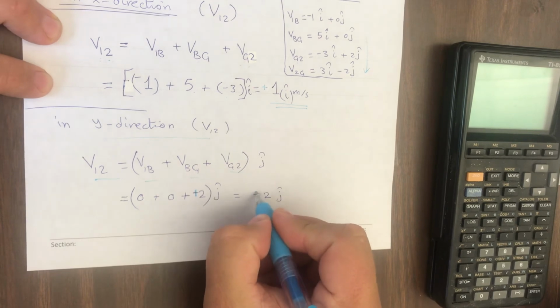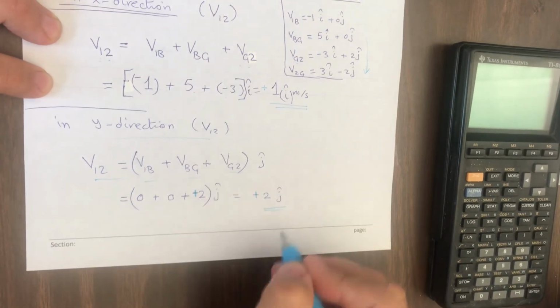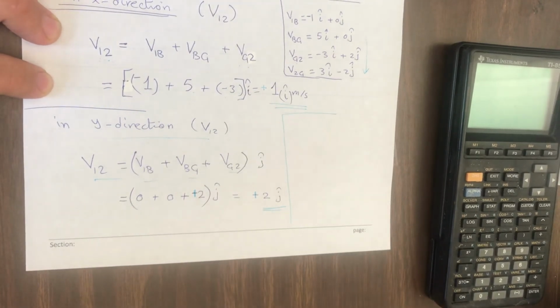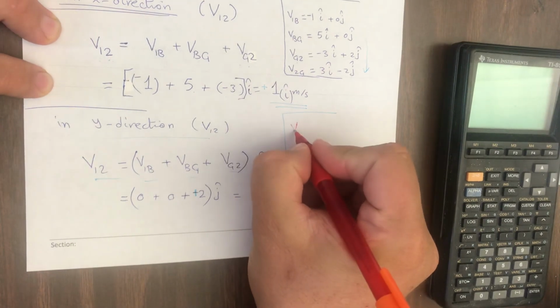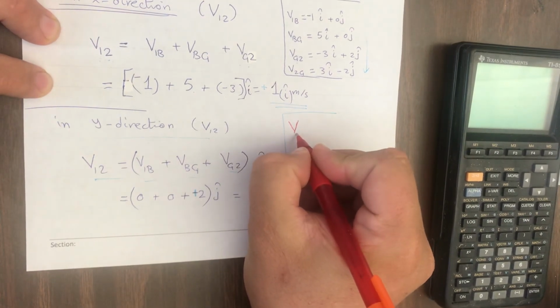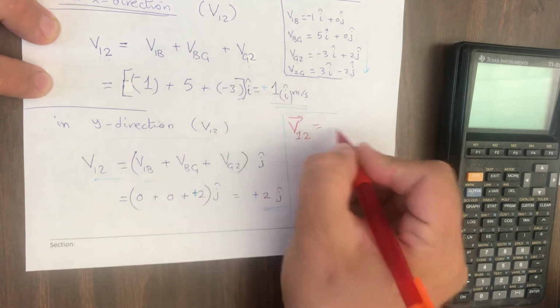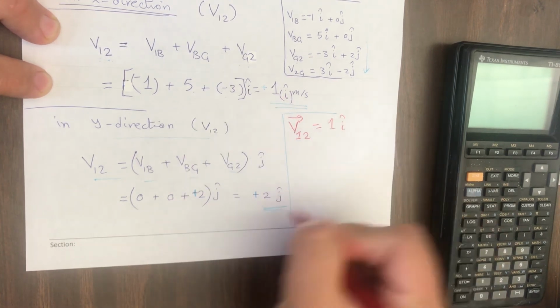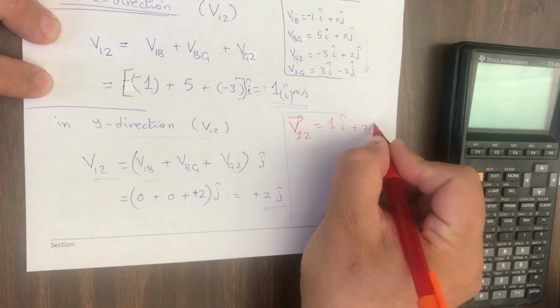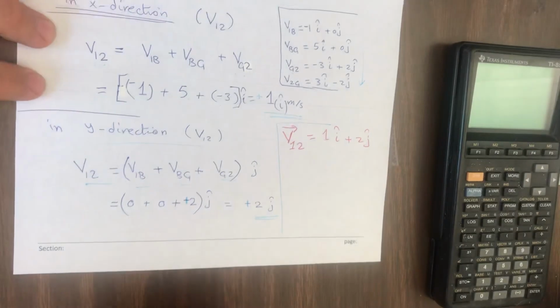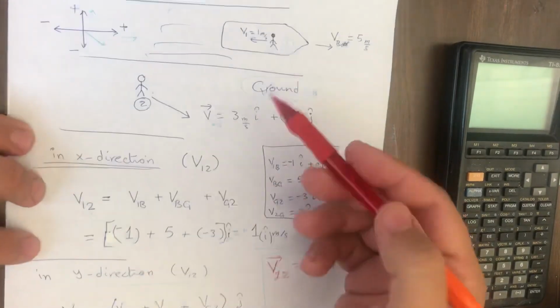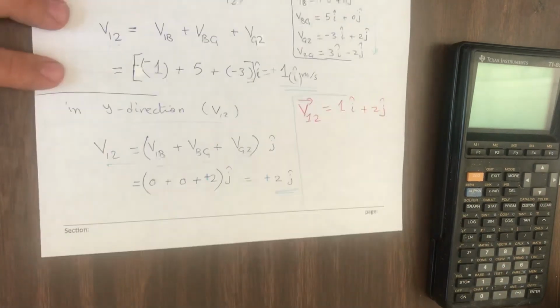So it is plus 2, the answer. So the relative velocity vector V relative from 1 to 2 is equal to 1 i hat plus 2 j hat. This is the relative velocity in 2 dimensions between two persons. And that's it.